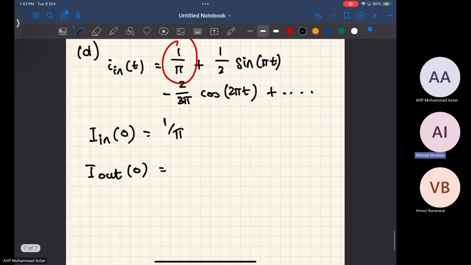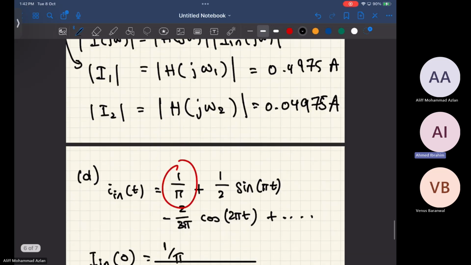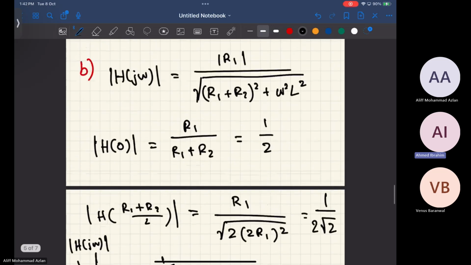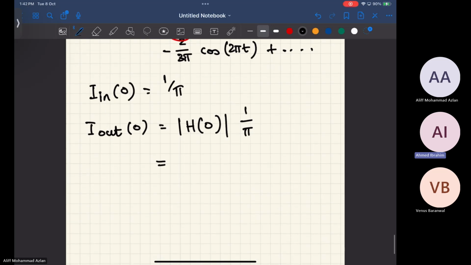So that's going to be the magnitude of H at 0 times the magnitude of I in at 0, which is 1 over pi. And H at 0 we've already evaluated previously, that's equal to a half. So that gives us 1 over 2 pi amps.